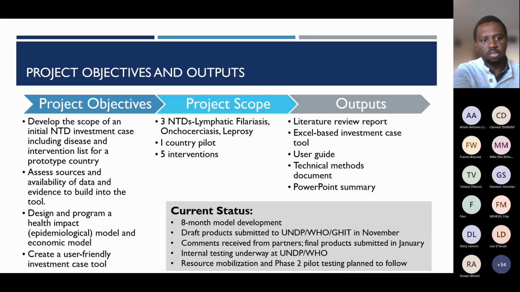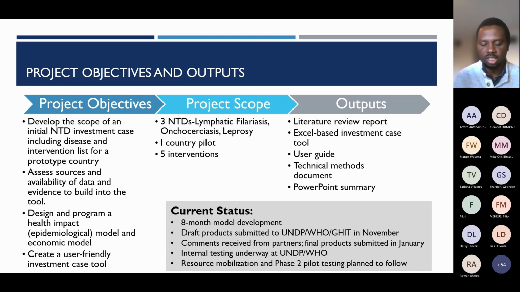And so the objective of the project was essentially to create a user-friendly investment case tool that country managers and analysts can use to understand the returns on investment for particular NTD interventions. To start with, in terms of scope, we began with an initial NTD investment case, looking at a specific subset of diseases and interventions for a prototype country, and then expanding that to other countries.